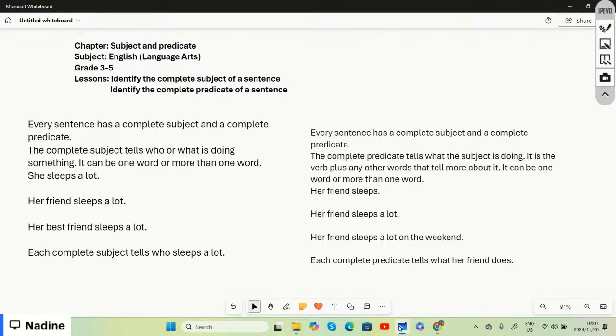All right. So when it comes to subject and predicate, every sentence has a complete subject and a complete predicate.